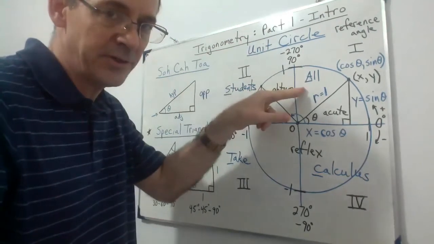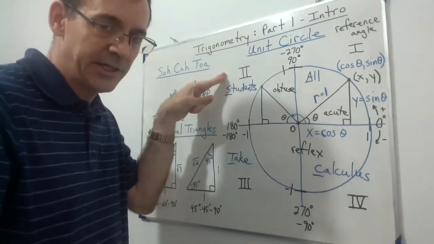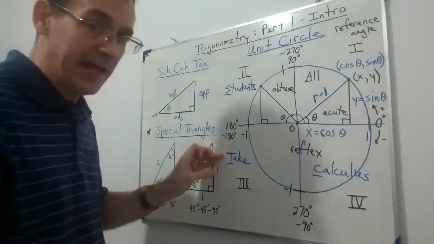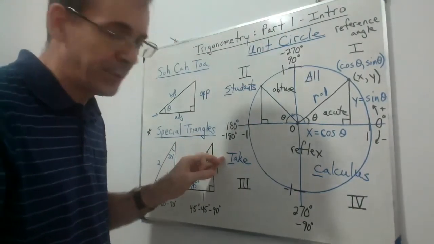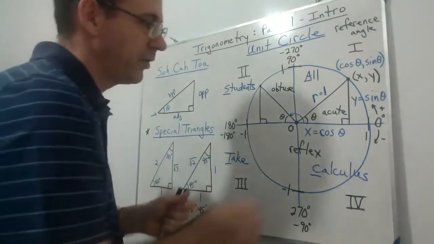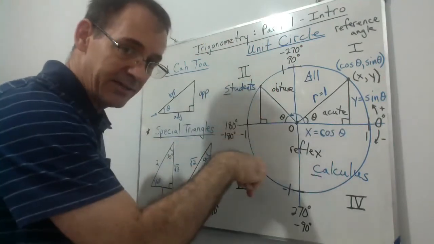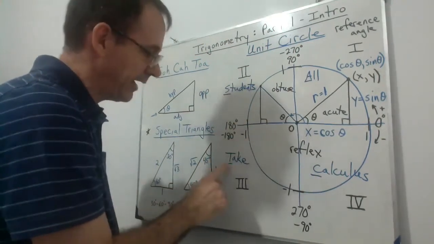All are positive in the first, sine is positive here. Now, take. Take is tangent. Tangent is positive here. So notice cosine is negative, sine is negative, and two negatives make a positive.